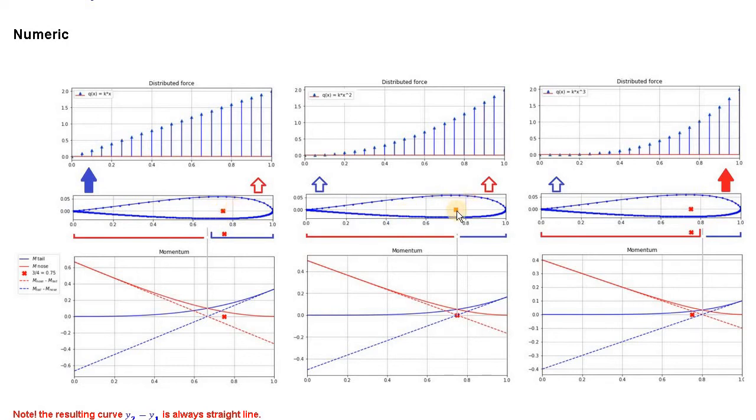So in the case we have the 0 momentum, the center of gravity has to be placed exactly chord over 4 taken from the nose. So you compute the distance by dividing the wing chord by 4, and then you know the exact position of the center of gravity. And if you have, let's say, momentum positive, so the nose is winning, in that case you have to move the center of gravity closer to the nose.